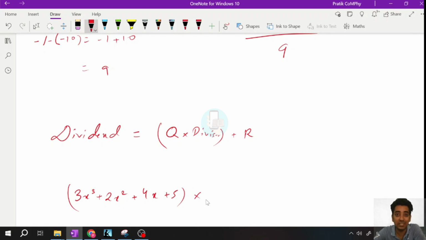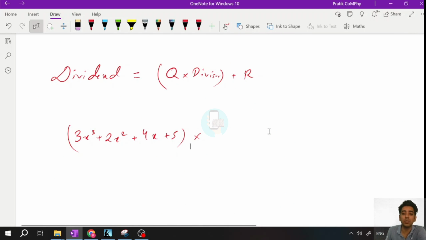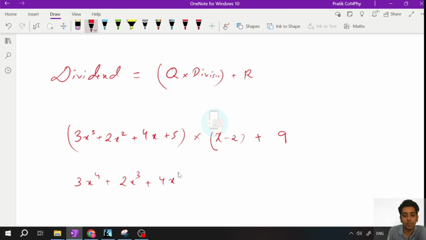Now this needs to be multiplied with what? The divisor, with which we were dividing. What is the divisor here? X minus 2. So x minus 2 is being multiplied with the same. Right? And with this, I would simply add the remainder, which was 9. So x times this is 3x to the power 4 plus 2x to the power 3 plus 4x to the power 2 plus 5x minus 6x to the power 3 minus 4x to the power 2 minus 8x minus 10 plus 9.